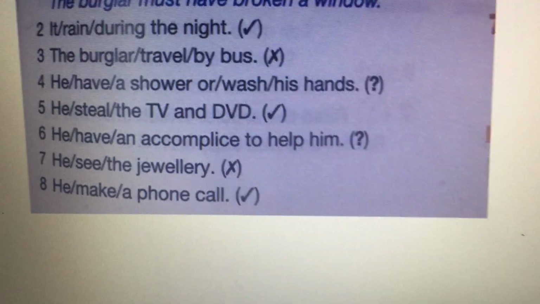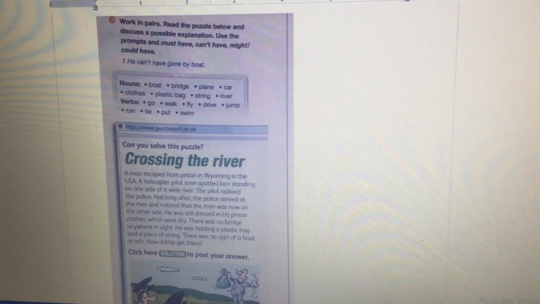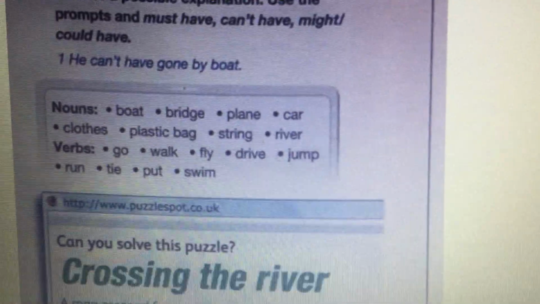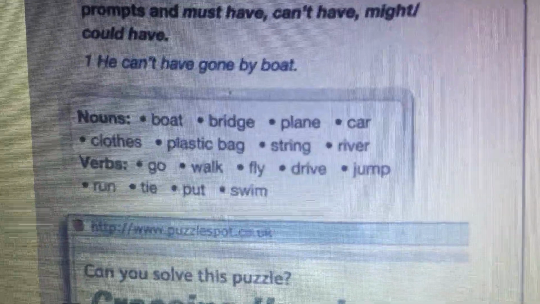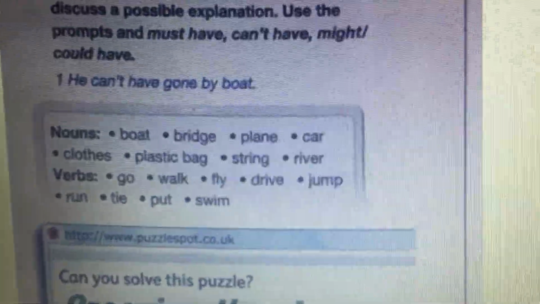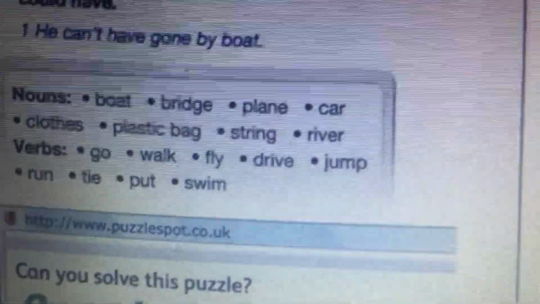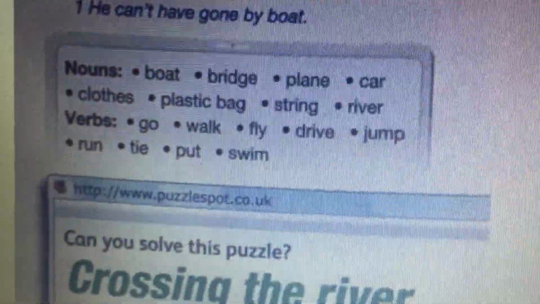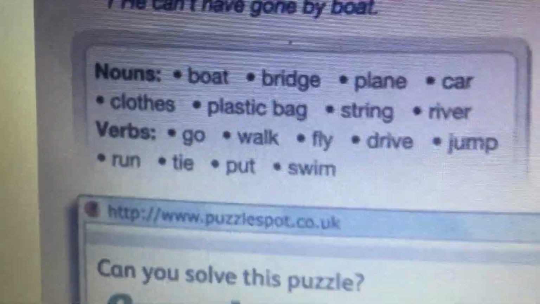The next exercise is, here we have a puzzle. An interesting puzzle. Here we have some words: boat, bridge, plane, car, clothes, plastic bag, string, river, and verbs: go, walk, fly, drive, jump, run, tie, put, swim.